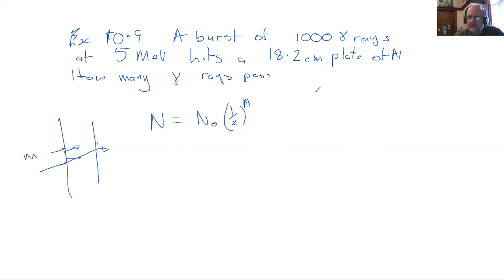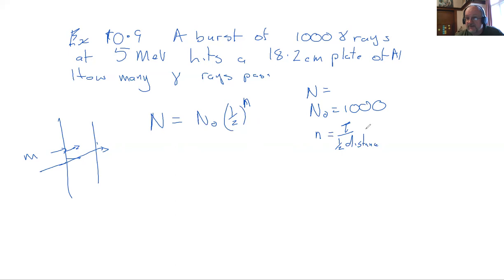So what do we know? N is what we're going to find out. N0 is equal to 1000. And n is going to equal the thickness over the half distance.